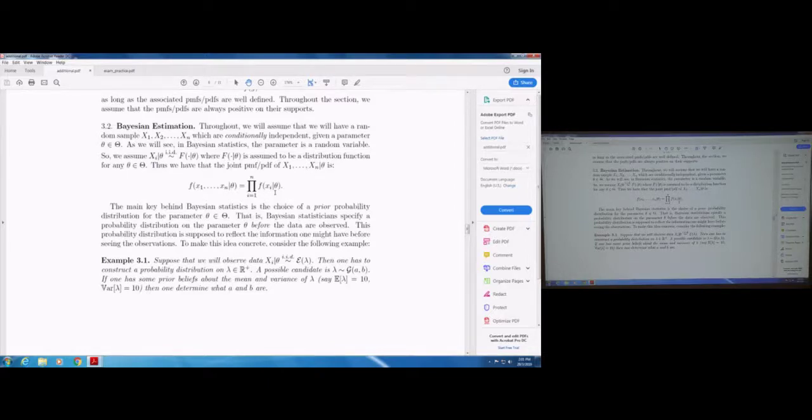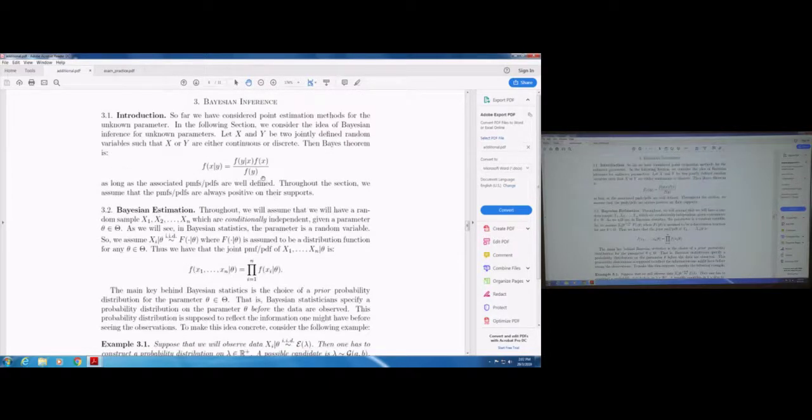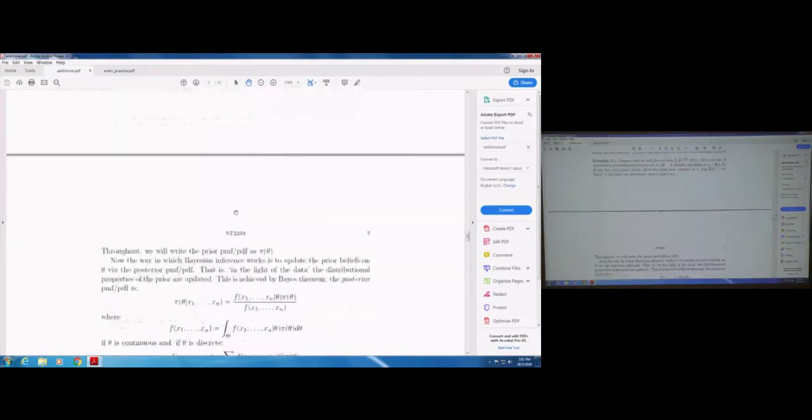But instead of optimizing this function with respect to theta, we're going to use the mechanism of the Bayesian paradigm, which is associated to the Bayes theorem that we saw yesterday. Okay, so we covered this.